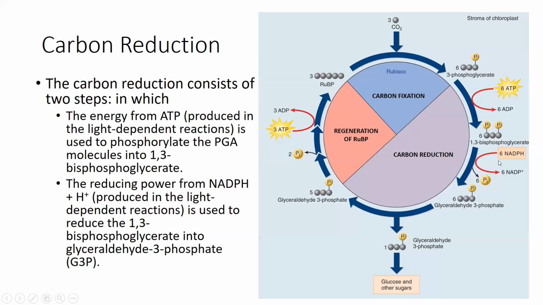Then the reducing power from the reduced NADP, which is produced in the light-dependent reactions, is used to reduce the 1,3-bisphosphoglycerate into glyceraldehyde 3-phosphate, or G3P. So the first reaction is phosphorylation of the phosphoglycerate into 1,3-bisphosphoglycerate, and after that, the 1,3-bisphosphoglycerate is reduced into G3P.